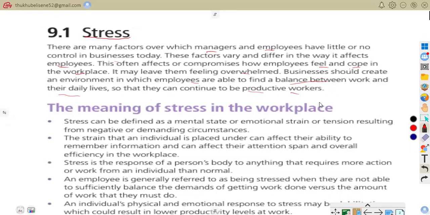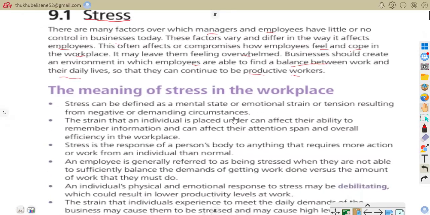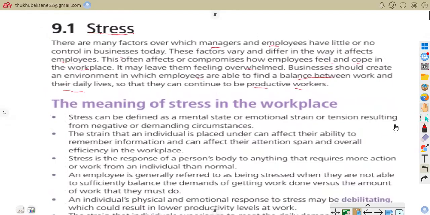Now let us come to the meaning of stress in the workplace. Very important. It says stress can be defined as a mental or emotional strain or tension resulting from negative or demanding circumstances. What does that mean?